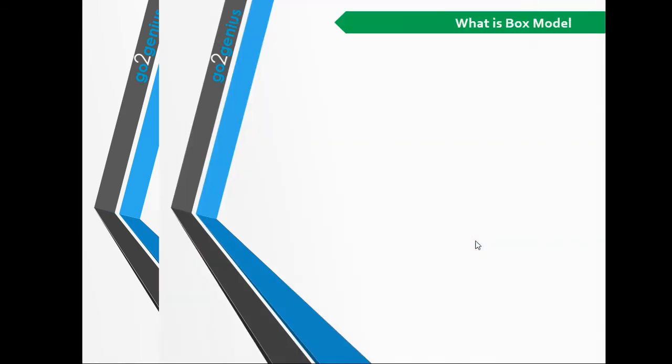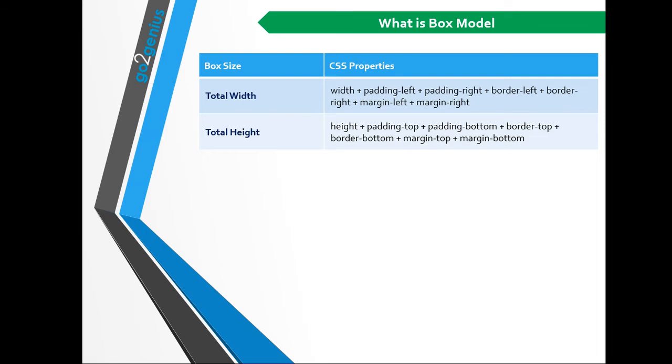So here is a simple formula to calculate the actual width and height of an element. The total width is equal to the width we have given in the CSS, plus padding left, padding right, and border left and border right, plus margin left and margin right. All these factors increase the width of an element.